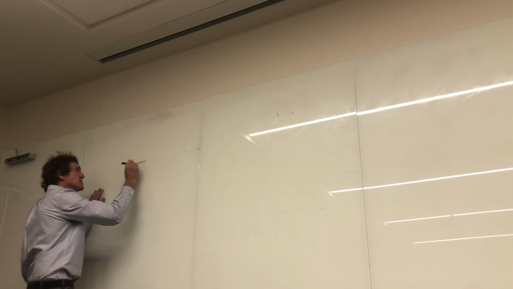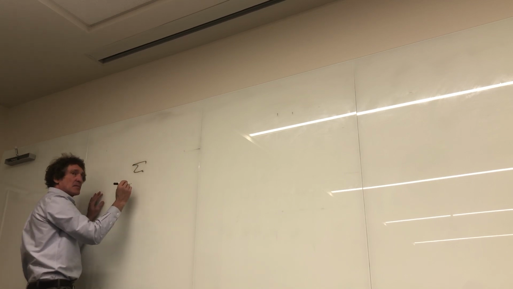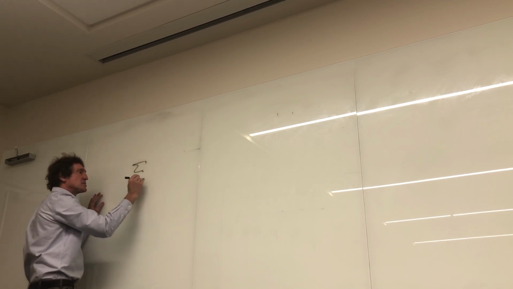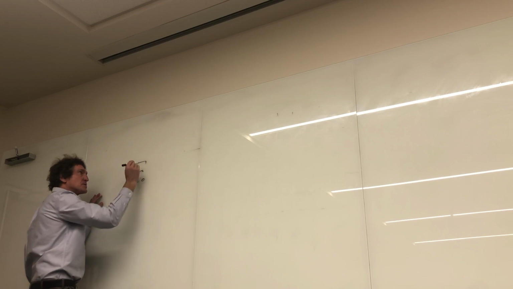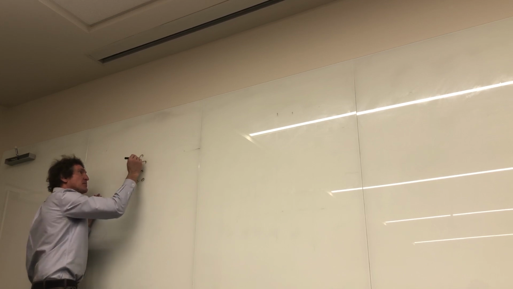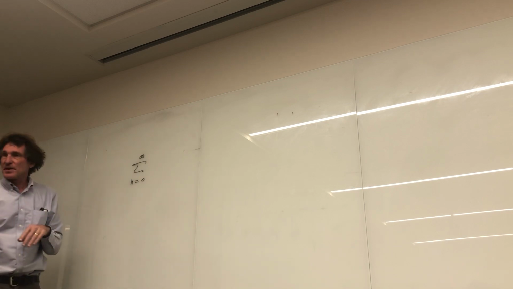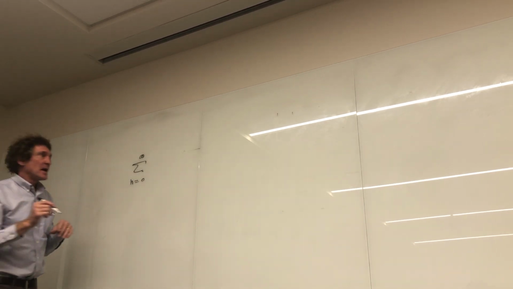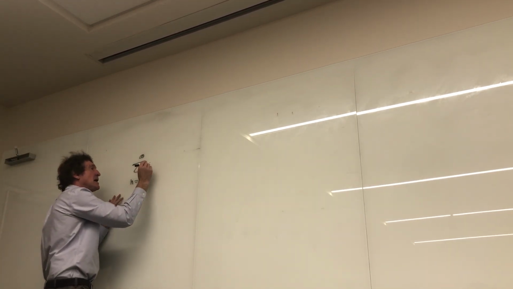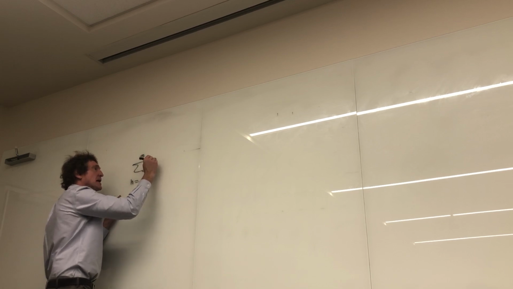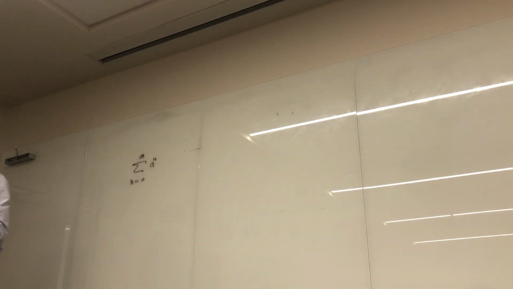Suppose I have a summation. And I'm going to say from n equals 0 to, let's go to infinity. I'm going to go all the way to infinity on this one. And I'm going to have a to the n. So here, this is going to be some value a.